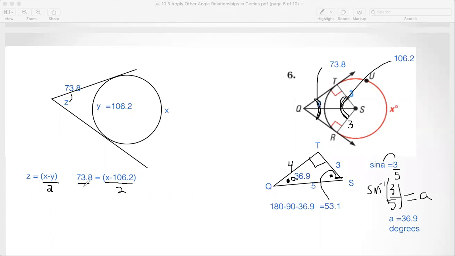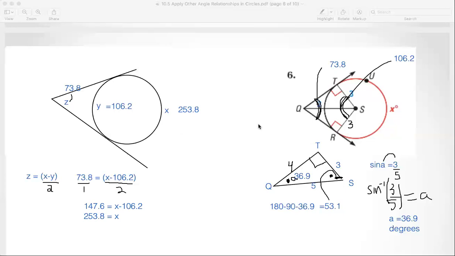So obviously now I'm going to cross multiply. 73.8 times 2 is 147.6. 147.6 is equal to X minus 106.2. So now I'm going to add 106.2. And I got 253.8 is equal to X. So that is our answer.